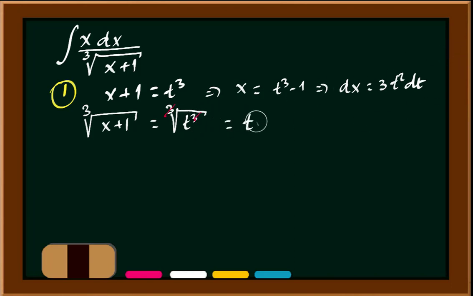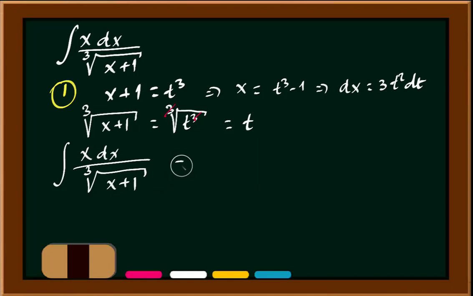That is very good. Okay, now my integral, the primitive of x over the cubic root of x plus 1 dx, is equal to, I replace everything now. The x is equal to t cubed minus 1, so it's the integral of t cubed minus 1 times dx. Dx is equal to 3 t squared dt.